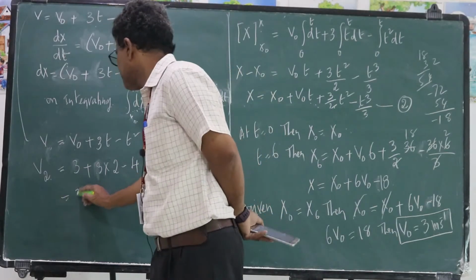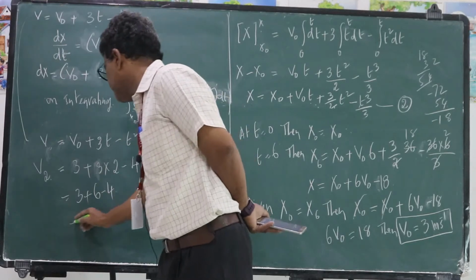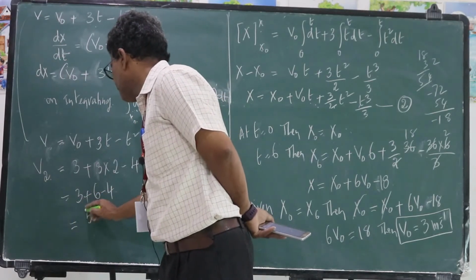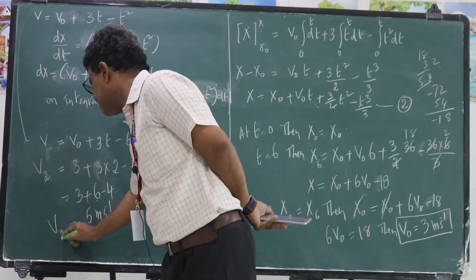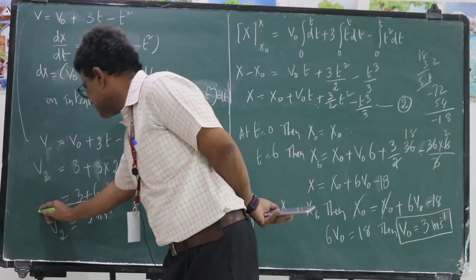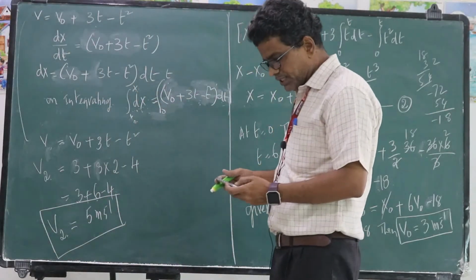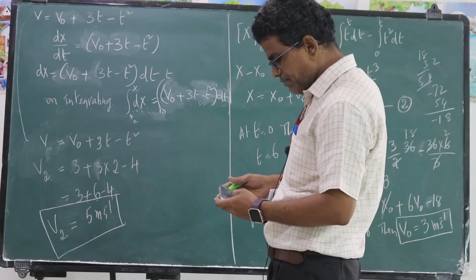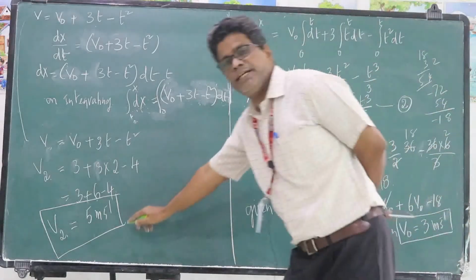That is 3 plus 6 minus 4, that is 9 minus 4, 5 meter second inverse. This is the velocity at 2 seconds. So these are the questions. Velocity at 2 seconds we got is 5 meter second inverse.